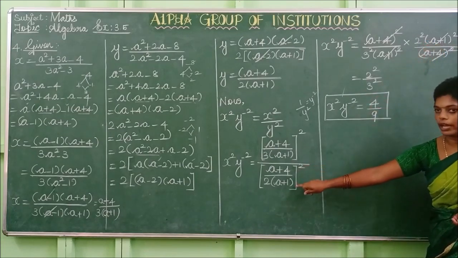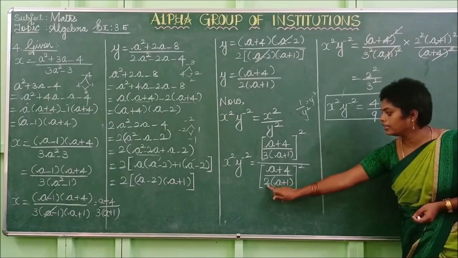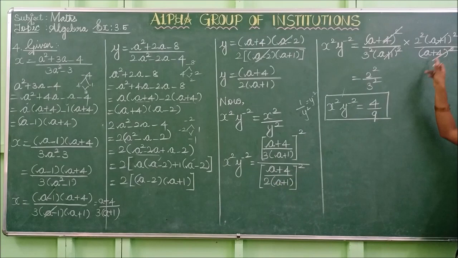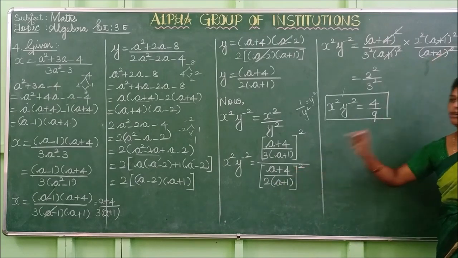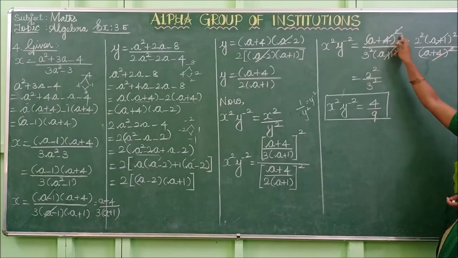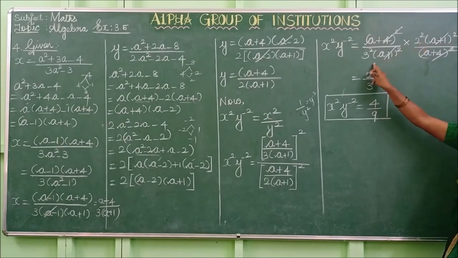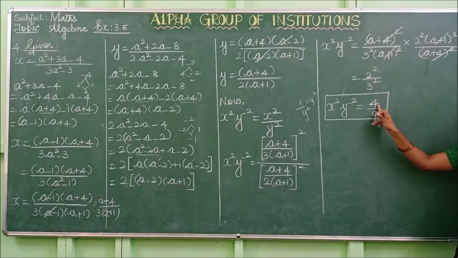So I have to apply that square value also. Here the denominator is 2 into a plus 1, so 2 squared into a plus 1 whole square divided by a plus 4 whole square. This a plus 4 whole square and a plus 4 whole square get cancelled. Here a plus 1 whole square and here also a plus 1 whole square, both get cancelled. The remaining terms are 2 squared by 3 squared. 2 squared is nothing but 4, and 3 squared is 9.